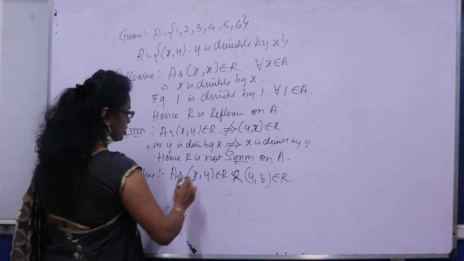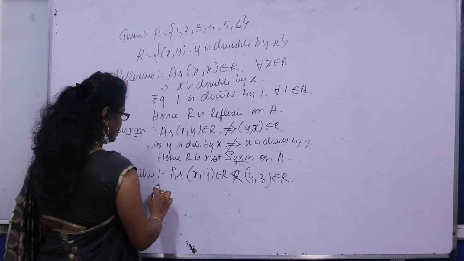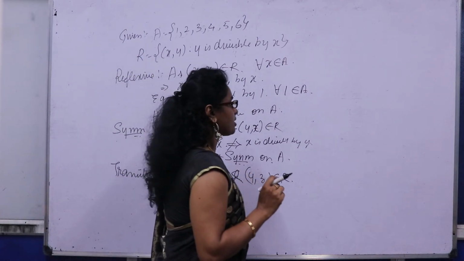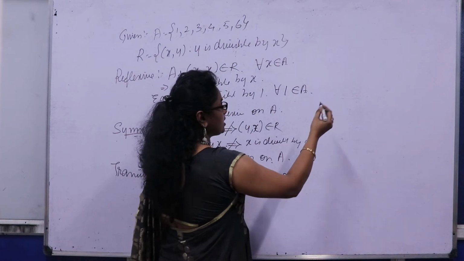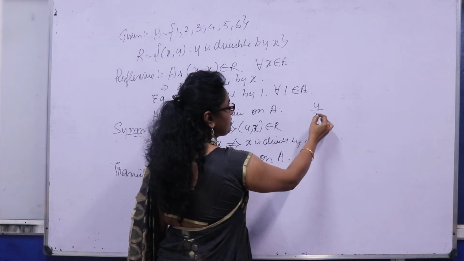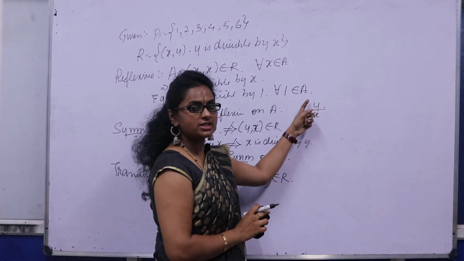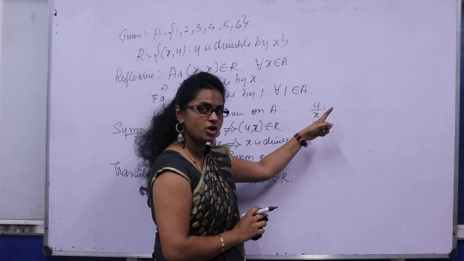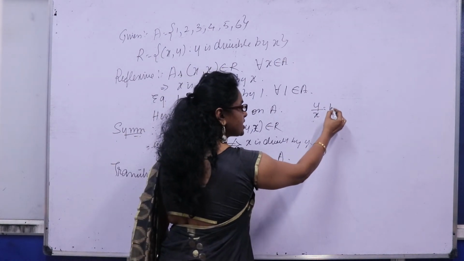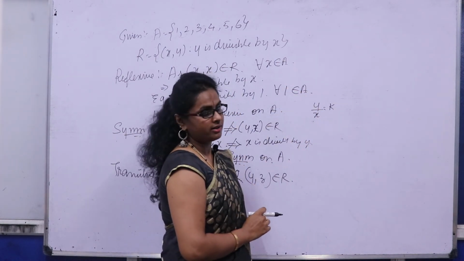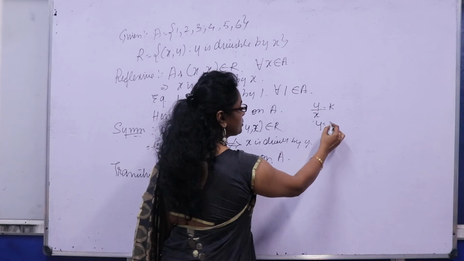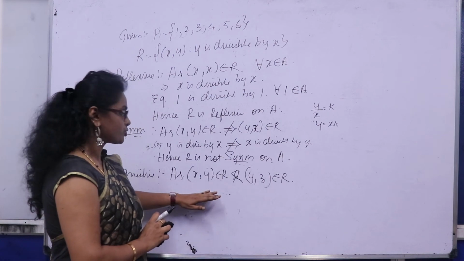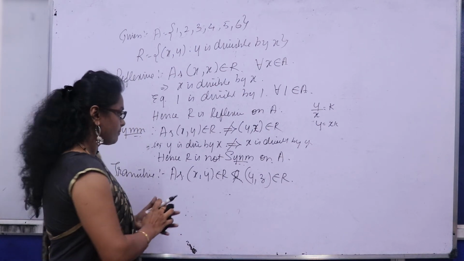As x comma y belongs to R, what does it say? Now y is divisible by x. When y is divisible by x, once you divide, that is 4 by 2, will you be getting a constant here? Yes. Can I just take that constant as k? Fine. So y is equal to xk.